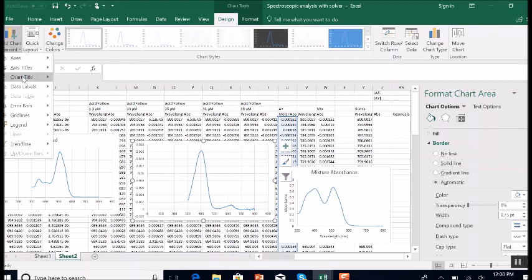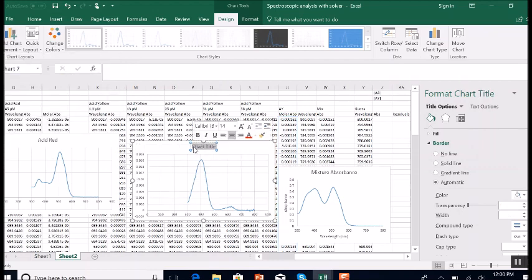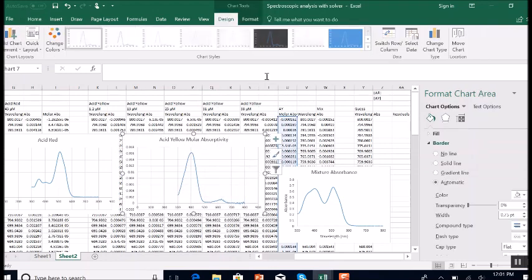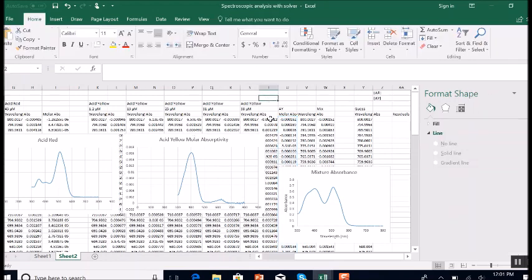We want a chart title. Okay. Alright, so now we've gotten to a point where we have molar absorptivity at every wavelength for both dyes.